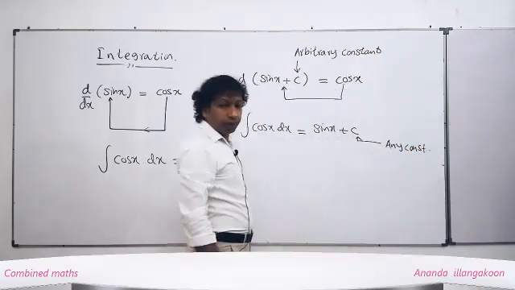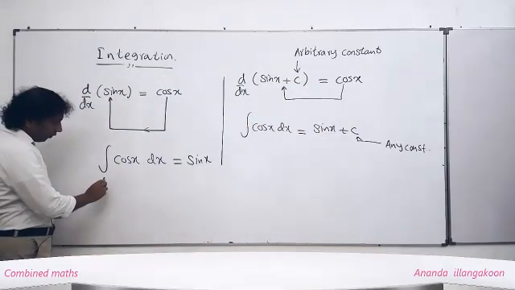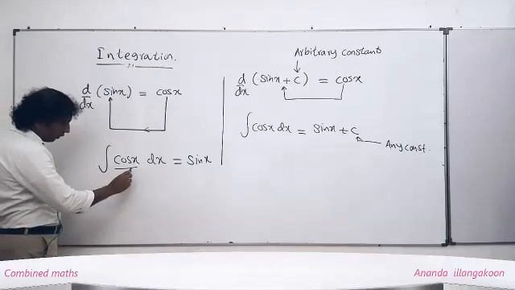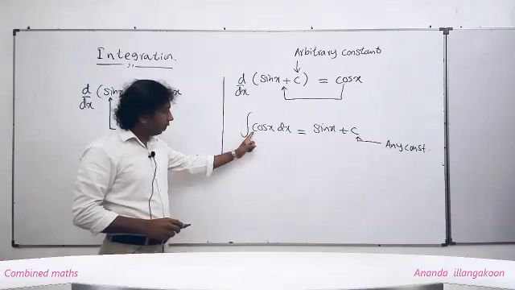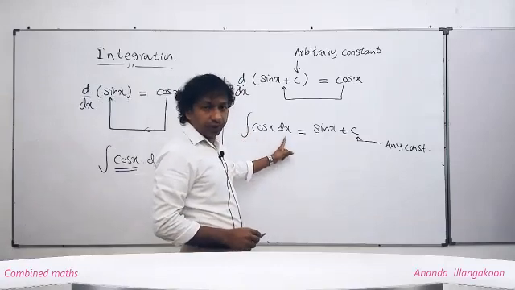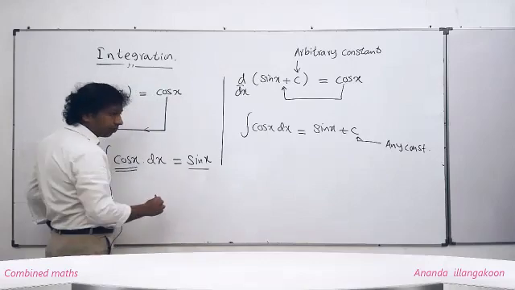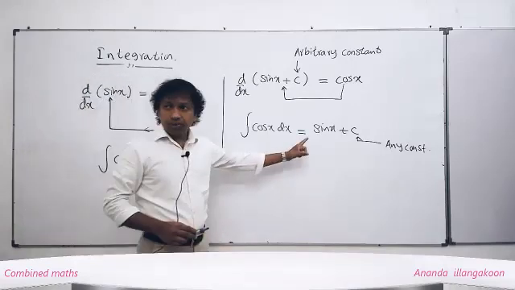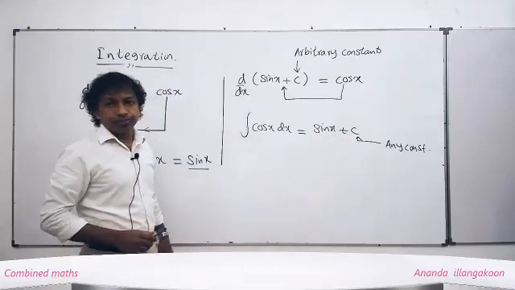Right. Then you can very clearly see here, in this result, the cos x function we have integrated. Here also, the same cos x function we have integrated. Here the answer is only sin x. Here the answer is sin x plus c, where c is any constant.